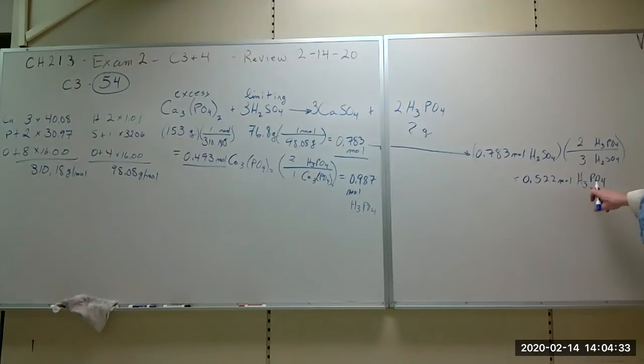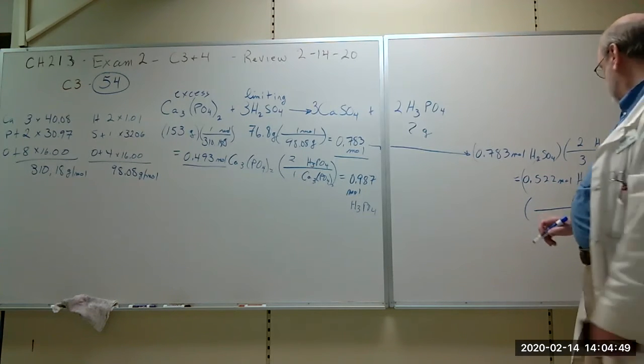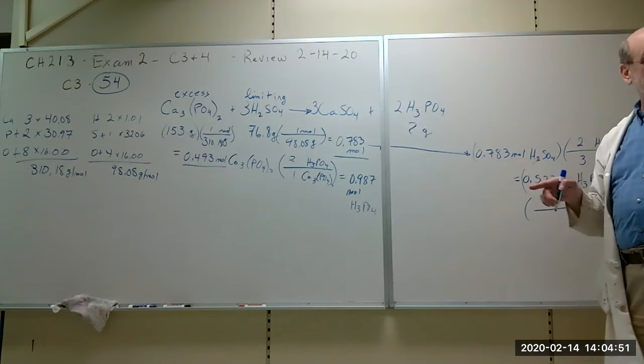We know we have this many moles of H3PO4. Now that we know that this is the right one, all we have to do, I might have to move it down here, is convert that to grams. So we need phosphoric acid molar mass, right?